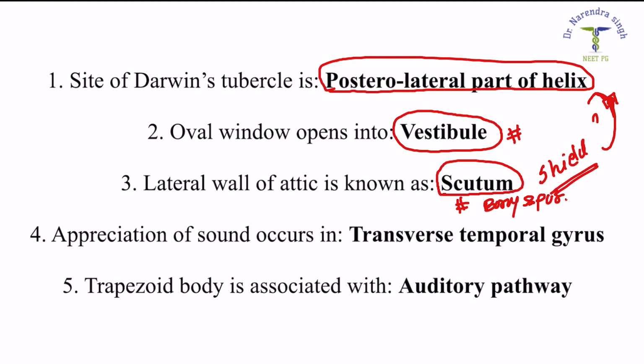So, what are the boundaries of scutum? Scutum is formed by superior wall of external auditory canal and lateral wall of tympanic cavity. This we have to keep in mind.